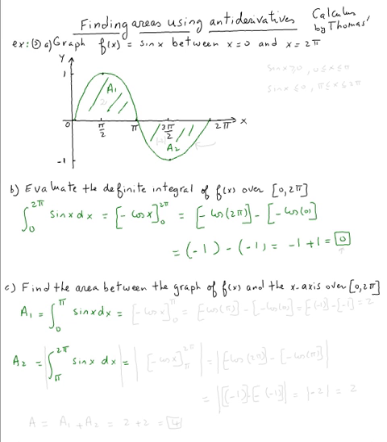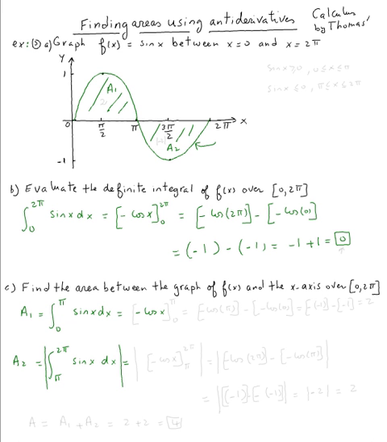So the integral of sine x, we know it's minus cosine of x. Well, A2 actually is an absolute value. Remember, that part of the graph is under the x-axis, so sine of x is negative. Let me write it here.